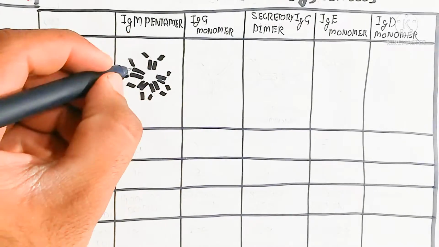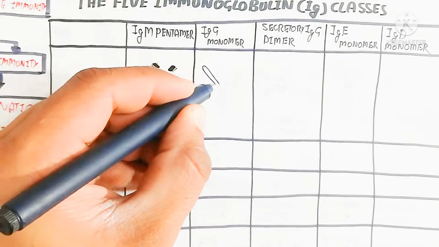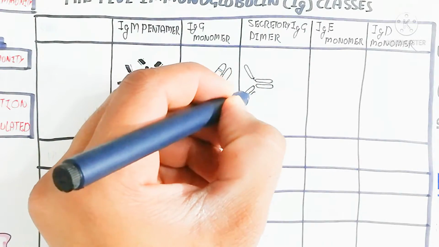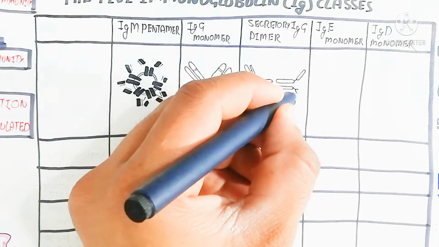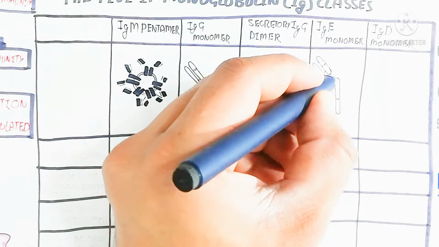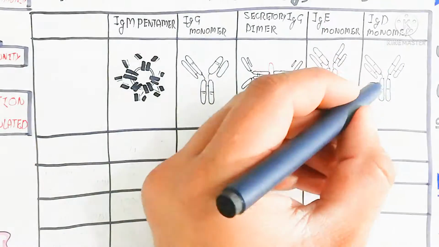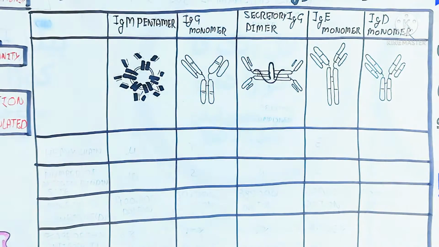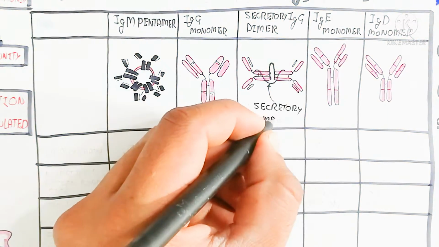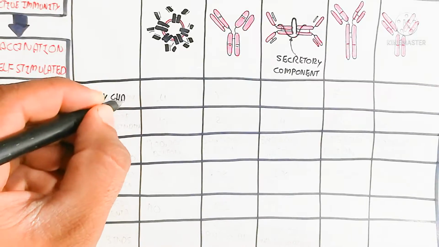If you are drawing the diagram, here you can see the pentameric form, and the antigen binding surface of the antibody is doubled, so 5 antibodies will bind with 10 sites. On the other hand, here is a Y shape, and this is the dimer. In the dimer, a secretory component is present, which is used for binding, and they bind together. On the other hand, the others you can see in this diagram are monomers.